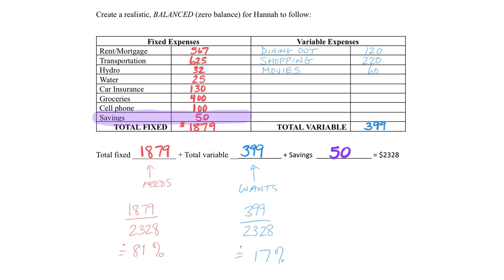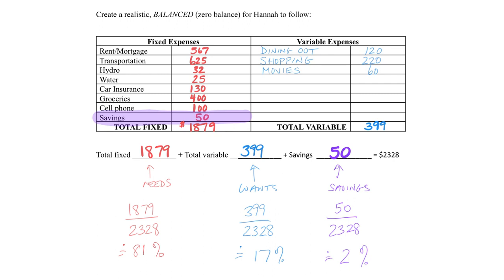Okay, if a good budget means 20% should be for her savings, then I think we can see that Hannah's not living up to that 20% rule. If we took our 50 and divided it by 2,328 and turned that into a percentage, we find Hannah is only saving about 2% of her monthly income.